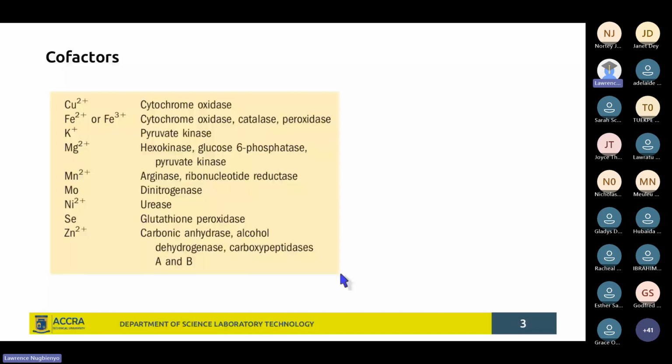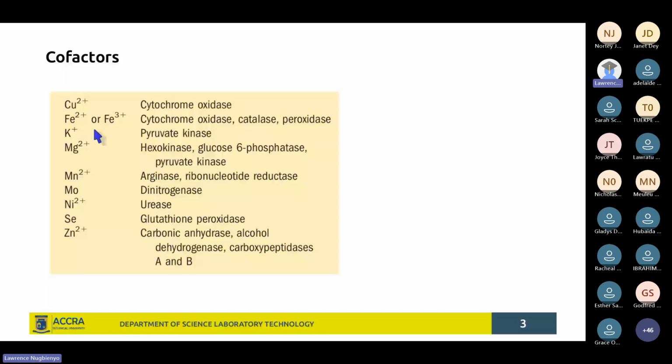Usually, when you hear the term cofactors, this refers to inorganic metal ions, like, as you've seen here, copper ions, ferrous ion, ferric ion, potassium ion, magnesium ion, manganese ion, molybdenum, nickel ion, selenium, zinc.